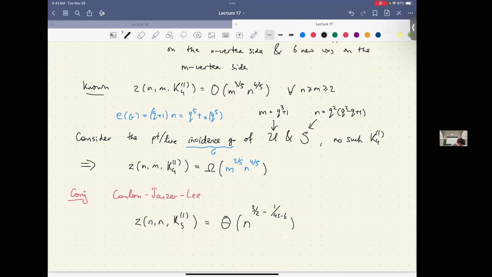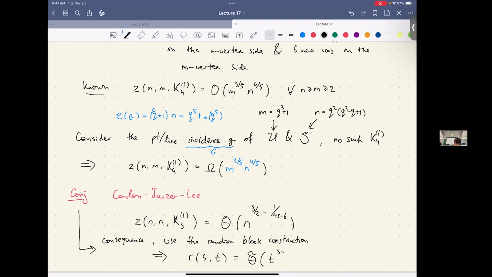A consequence of this, why this is important, is that you can use the random block construction, and use such a lower bound construction for one subdivision of K_s to prove that R(s,t), the off-diagonal, is up to polylog factor t to the s minus 1 as t goes to infinity.